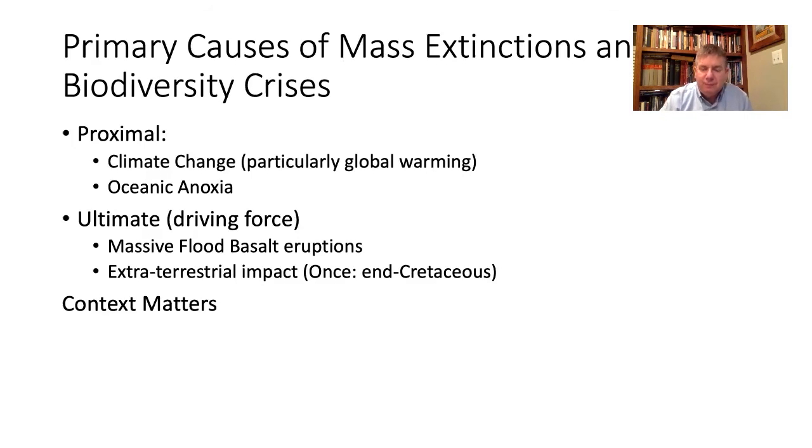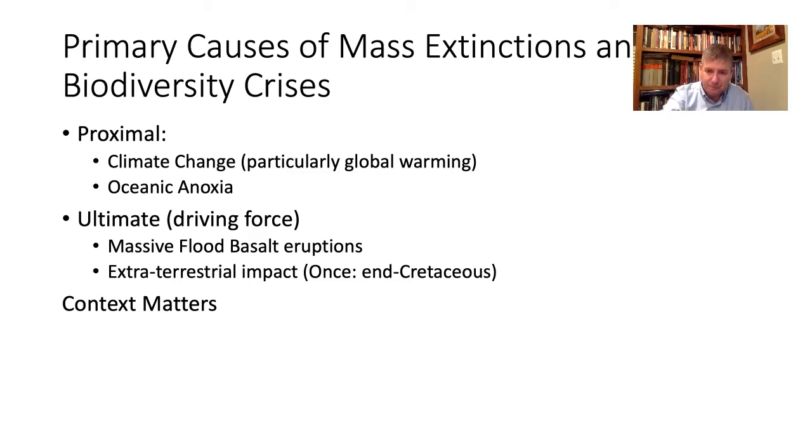These massive flood basalts are one of the leading causes of these past mass extinctions. In general, the mass extinctions are associated with climate changes, particularly global warming, and often oceanic anoxia, loss of oxygen, particularly in shallow waters. But the ultimate causes are these incredibly massive volcanic eruptions.